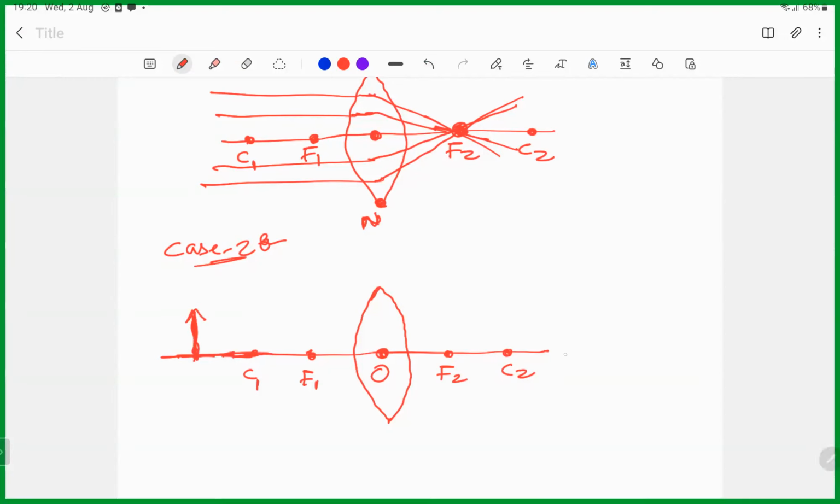One ray will be passing through the optical center, and the other ray is parallel. Then it will go through F2.